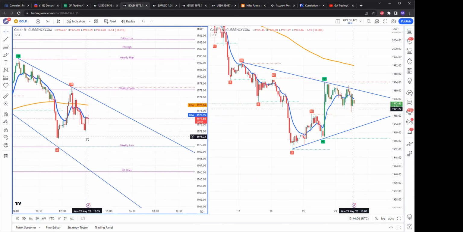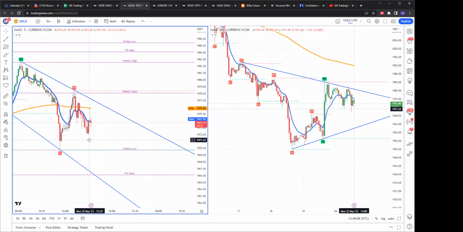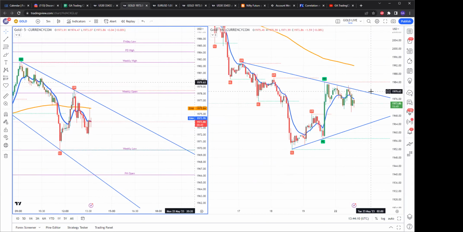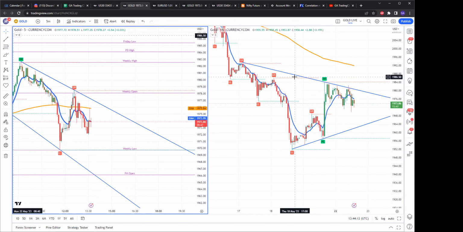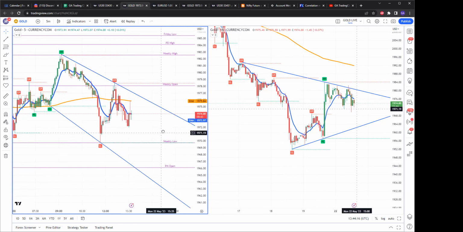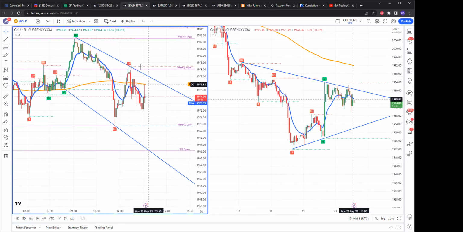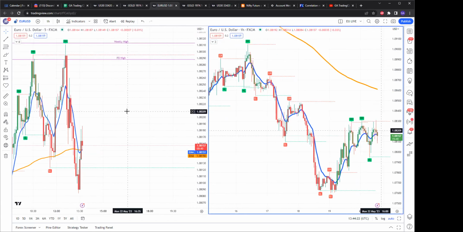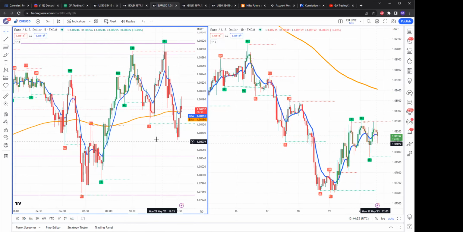Let's see what we have on gold. Gold is squeezed in between these two static trend lines, this one to the bottom, this one to the upside. Gold is, however, in a downtrend. And then we have EU right here. Let's see what we have on EU.